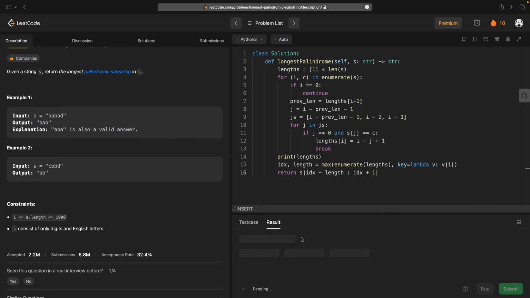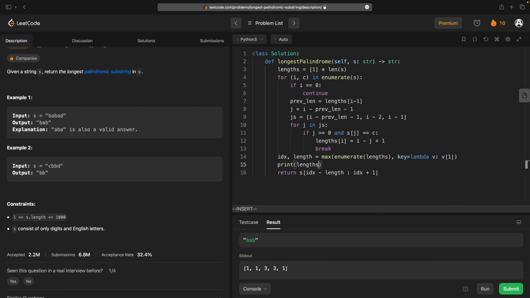Let's test that. The indexing here is a little bit complicated. No, I need to see the index and the length, I think, to fully understand what's going on here.